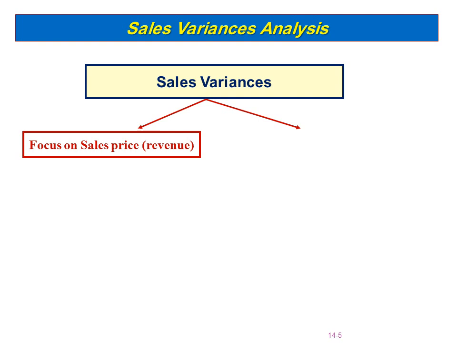The second way to analyze sales variances is concentrating on contribution margin. Again, contribution margin. You know what I mean by contribution margin. The first, concentrate on sales price, I mean the revenue. But the second, concentrate on contribution margin.